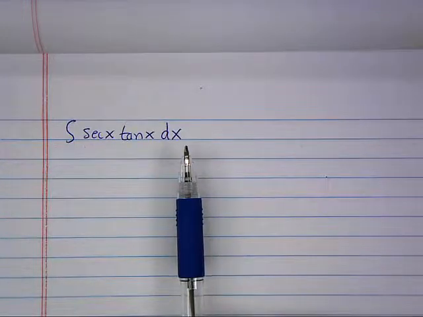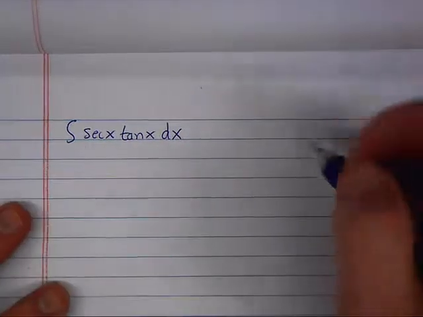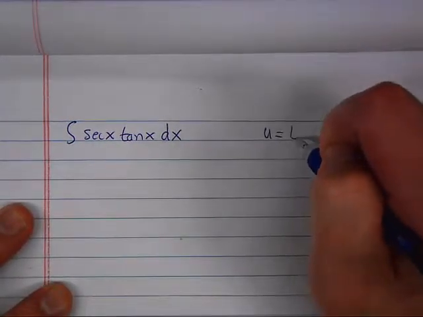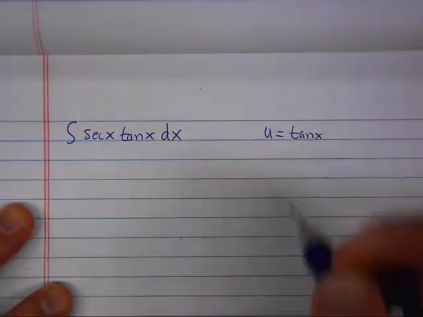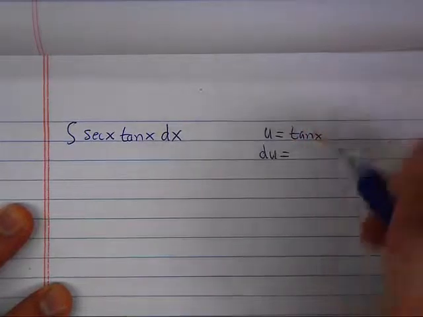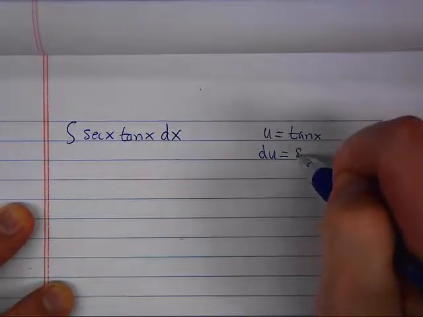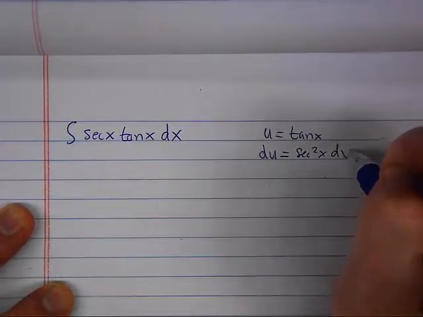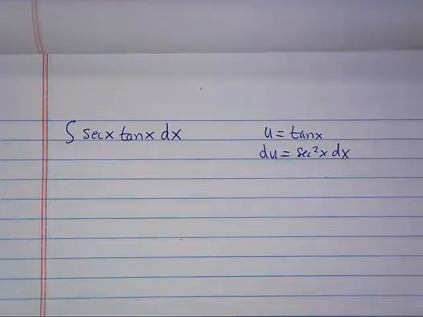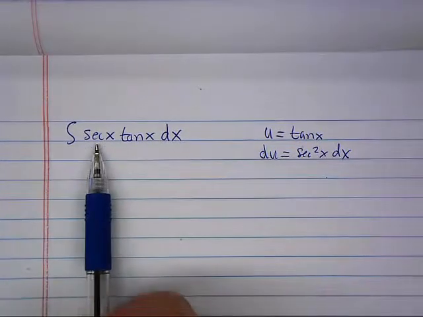U is going to be tangent x. All right, good guess. U is going to be tangent x. So du is, what's the derivative of tangent x? Secant squared x. That's no good. Why is that no good? I can't balance it. I need a secant squared.